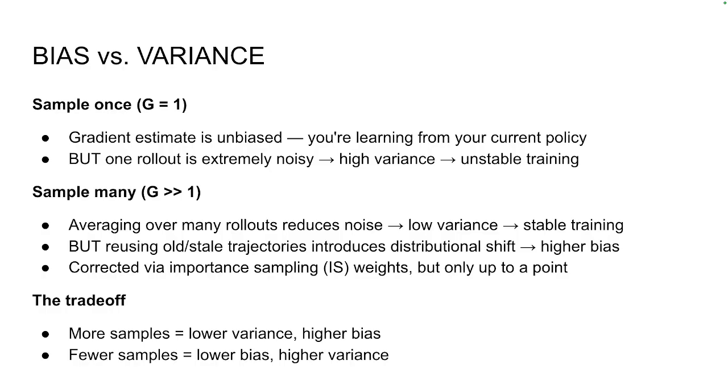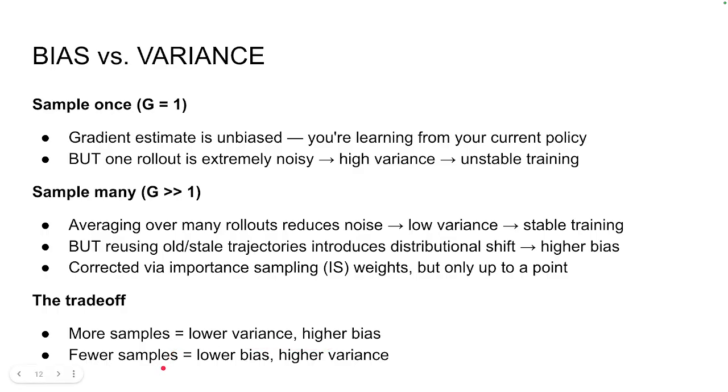The trick for correcting for that is called importance sampling, and we'll be discussing this in depth later. But the main takeaway is, the more samples you have, the lower the variance, as you are estimating many trajectories, and you would have higher bias because each of those trajectories gets less weightage.